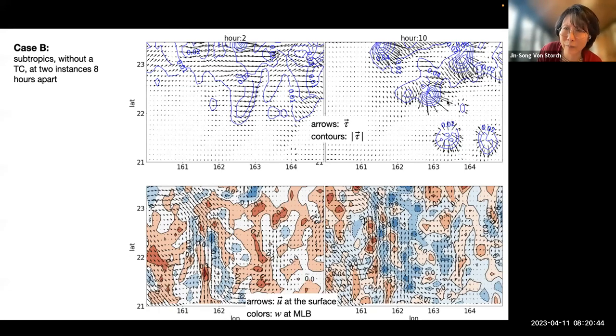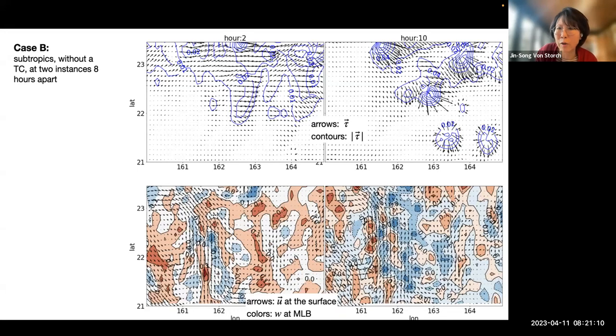And again, this is two snapshots about 8 hours apart. And you see that there you have some wind stress which is quite weak. And in the ocean, what you see is that you have the eddies, one eddy on the left of the panel, and it is there during these 8 hours.